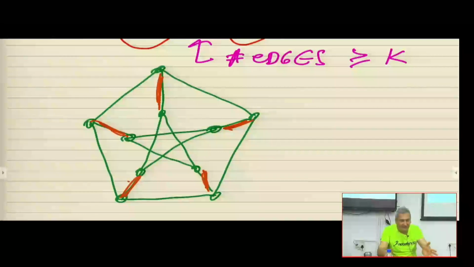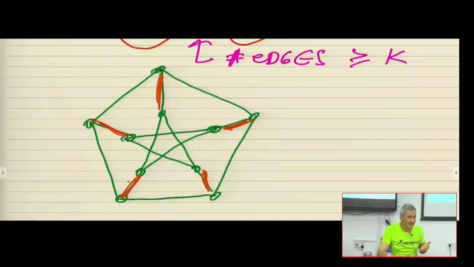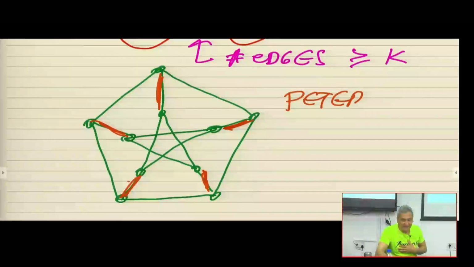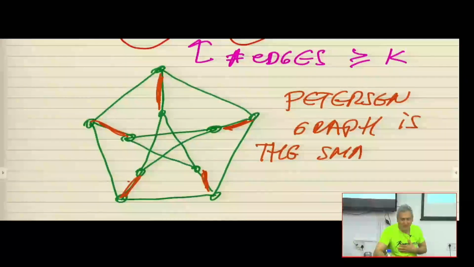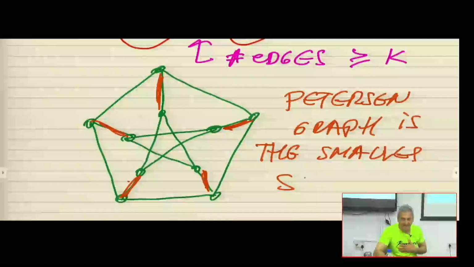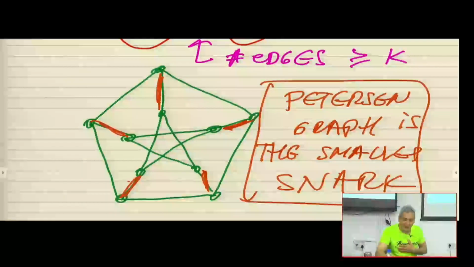You are getting rid of everything that the Petersen graph doesn't have, and then at the end you will come to the Petersen graph. What do you think, is it the smallest snark? You're going to get today this exercise to prove it.